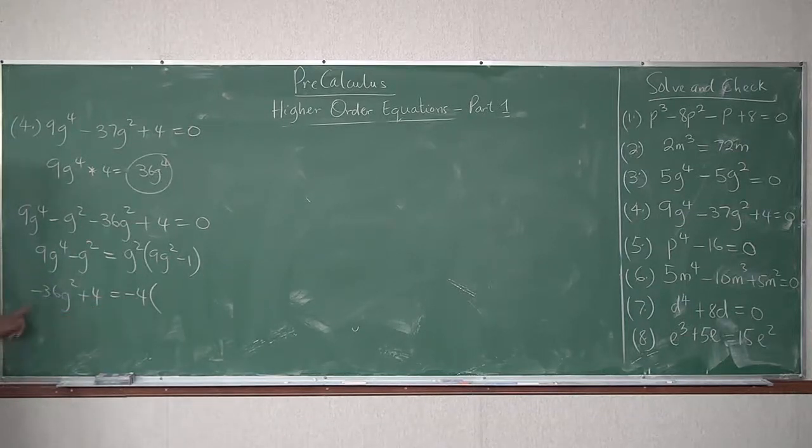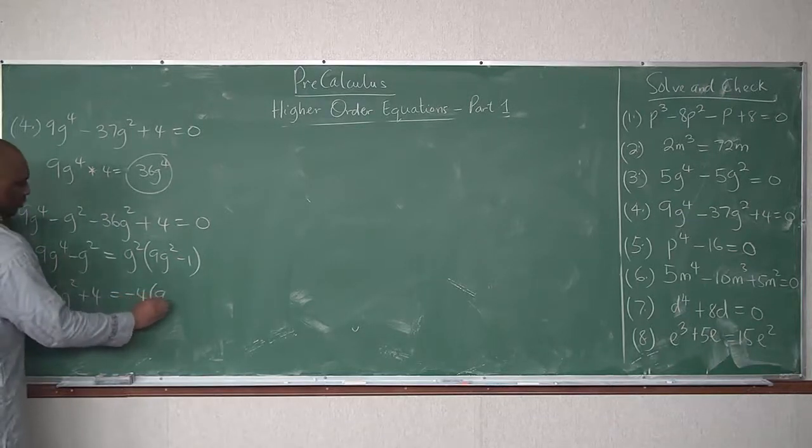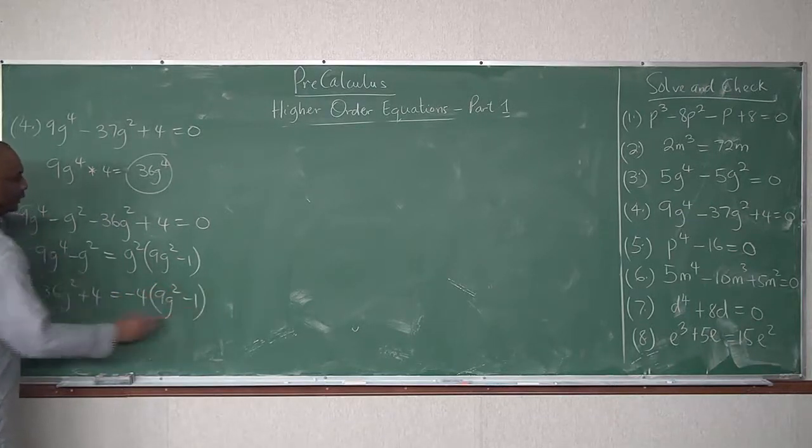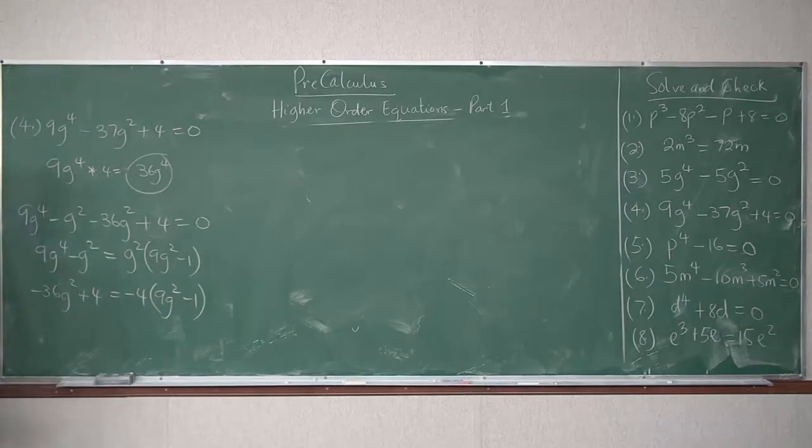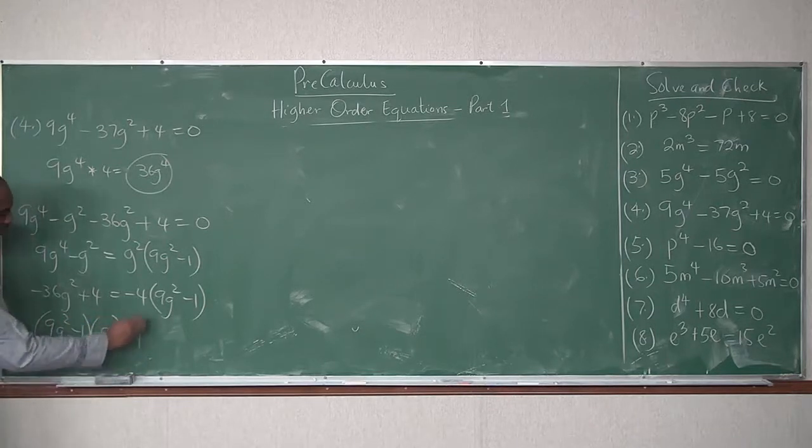We talked about that. So -4 times (9g squared minus 1). So what do you have now? You have (9g squared minus 1)(g squared minus 4) equal to 0.